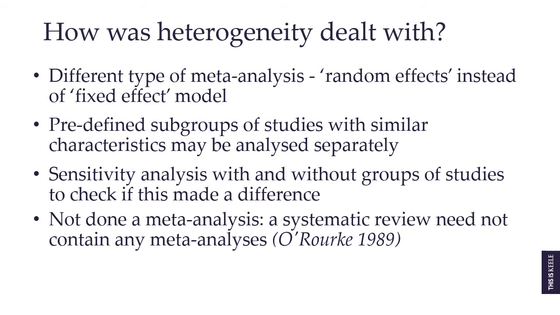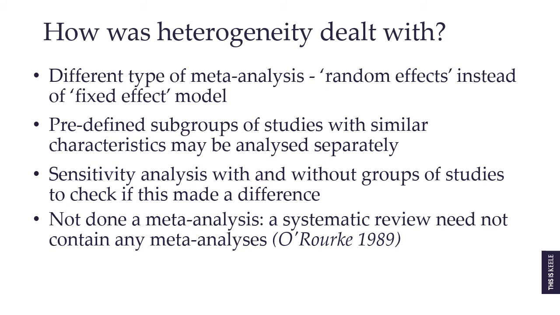If a review has heterogeneity, or a large percentage of I-squared, then it should be dealt with in some way. The authors of the review need to have addressed this. There are different ways to do a meta-analysis. They could use what's known as a random effects model instead of a fixed effect model.